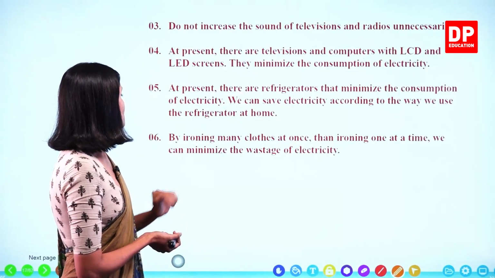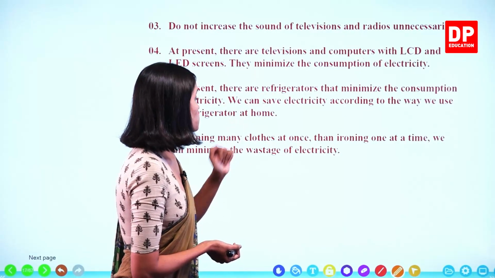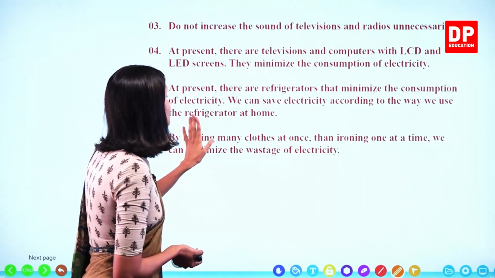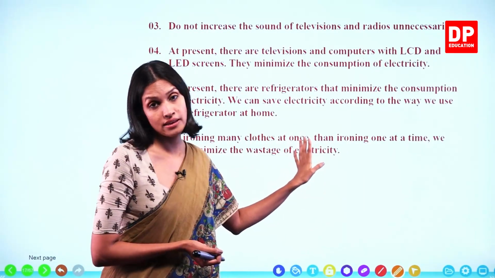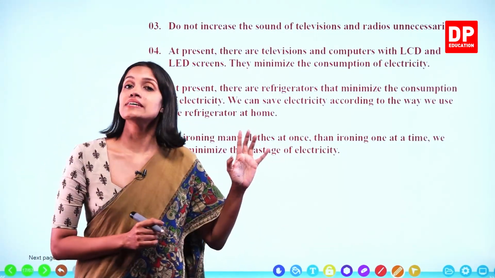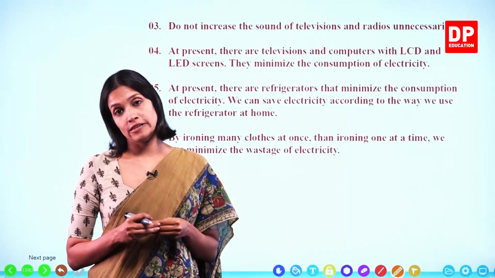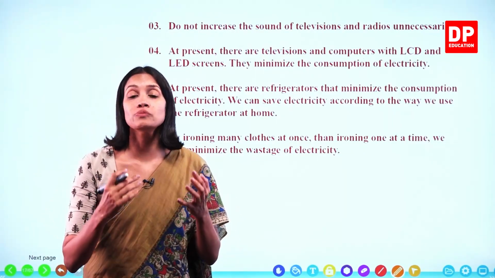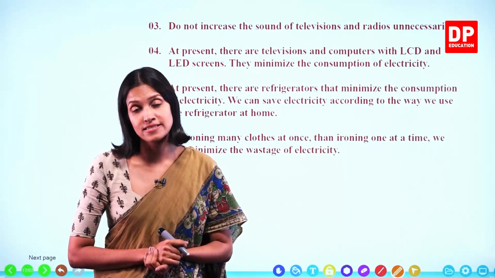And the sixth one: by ironing many clothes at once, rather than ironing one at a time, we can minimize the wastage of electricity. An electric iron is an appliance with a heating coil, right, children? Appliances with heating coils normally consume a large amount of electricity.